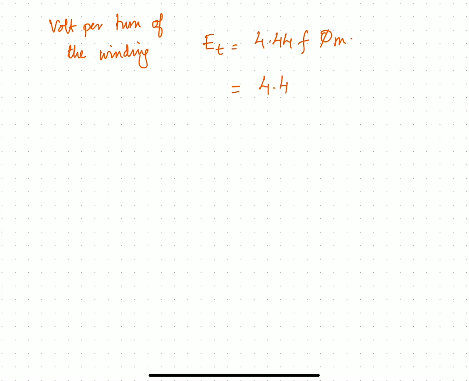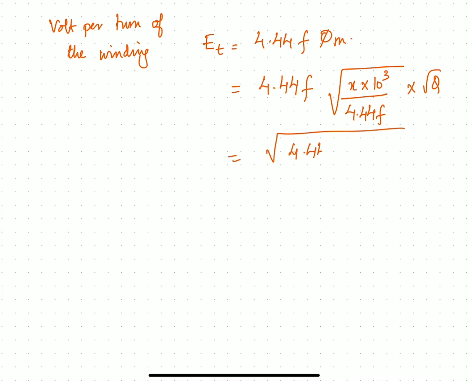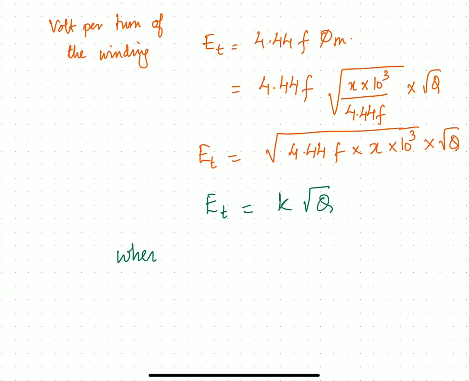So we are going to substitute the value of phi m from the previous expression into square root of Q. So we are left with this expression: 4.44 F into X into 10 to the power 3 into square root of Q. So ET is equal to k times square root of Q, where k is equal to square root of 4.44 F X into 10 to the power 3.